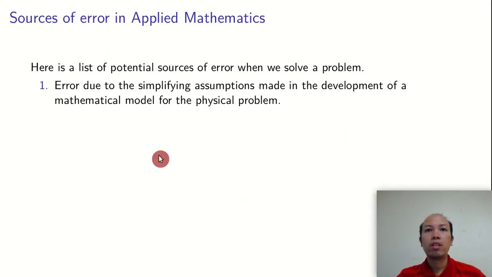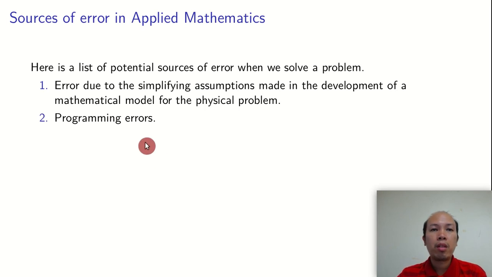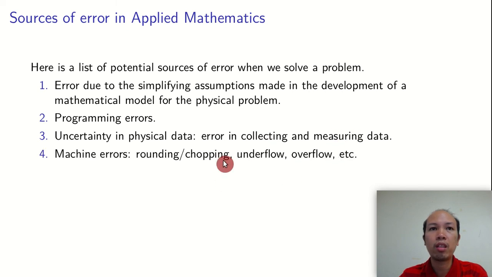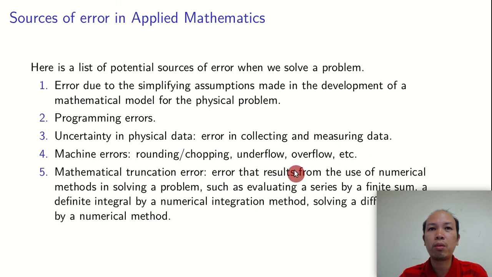Okay. Second is programming errors. So maybe if your Python code is not correct, then you have an error. Number 3, uncertainty in physical data: there is an error in measuring or collecting the data. Number 4, we have machine errors like rounding, chopping, underflow, overflow, and so on.